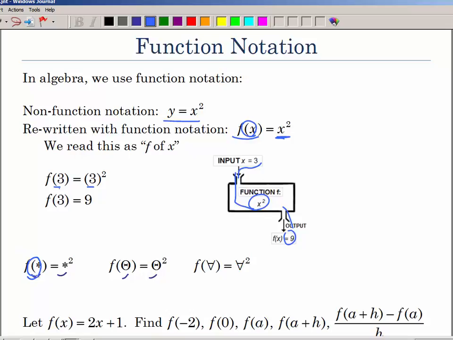Here, if we have a star, we would have star squared, or theta, theta squared. This symbol, that symbol squared. So the idea is whatever is inside these parentheses next to your f of something, that is what is going to go in place of x.